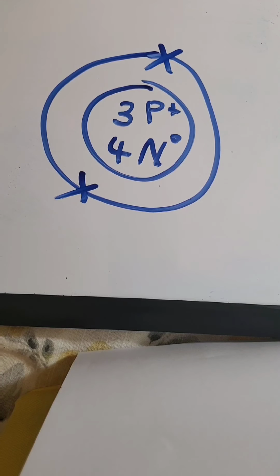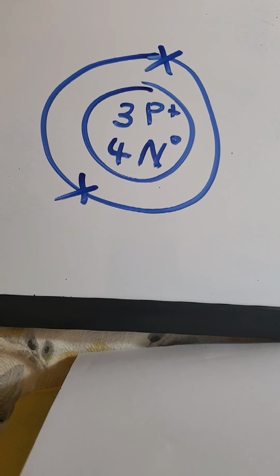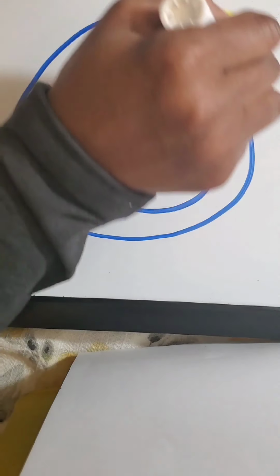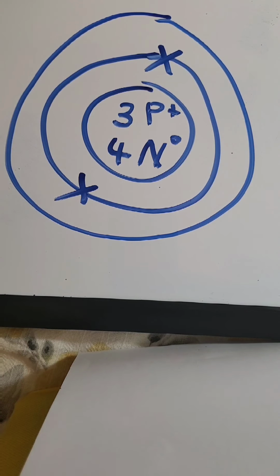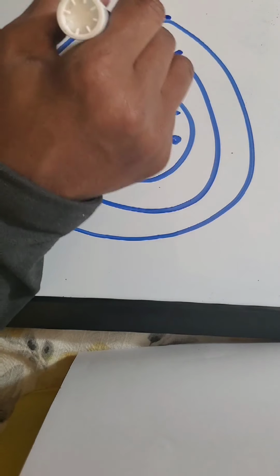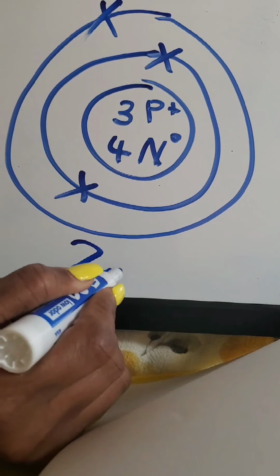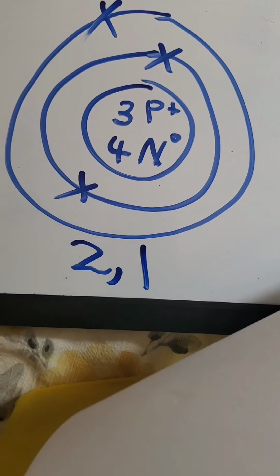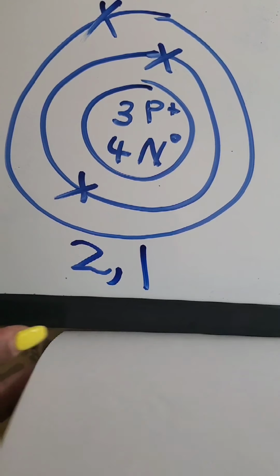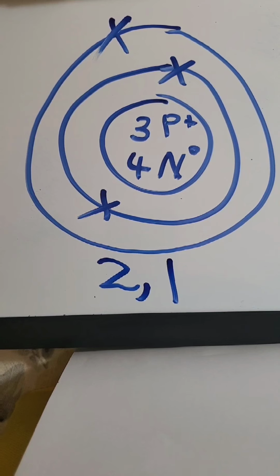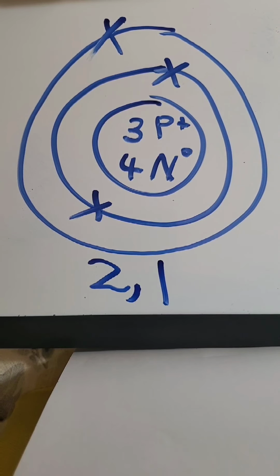And then we need to put another shell to put the remainder, which is 1 electron. There we go. We have just 1 electron on the second shell. And then we will simply represent this as 2 for the first shell and 1 for the second shell. 2, 1. And that is our lithium atom.